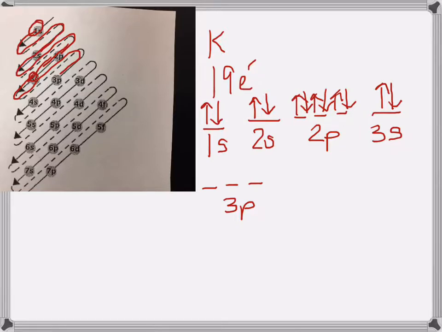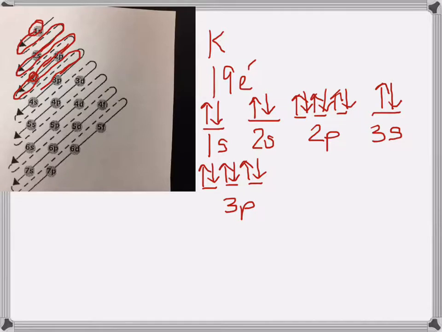So 3p, I need all 3 of those electrons. And then up, and I need all 3 of these going down for a total of 6 in the 3p. So now if we count up our electrons, we're up to 18, so I still need 1 more to get to 19.